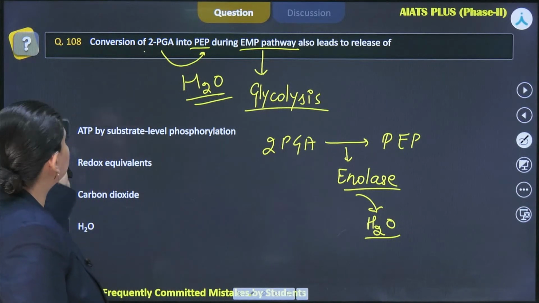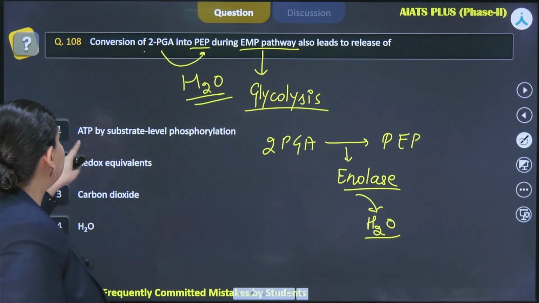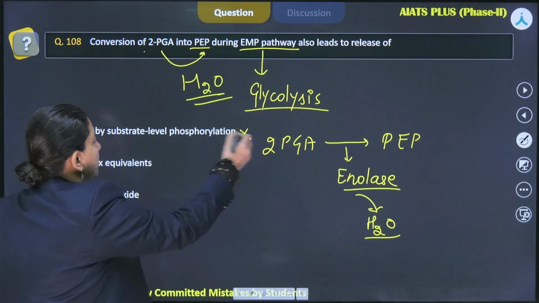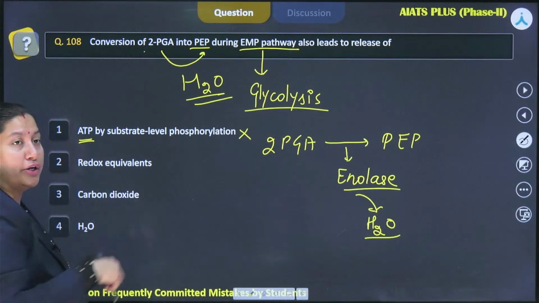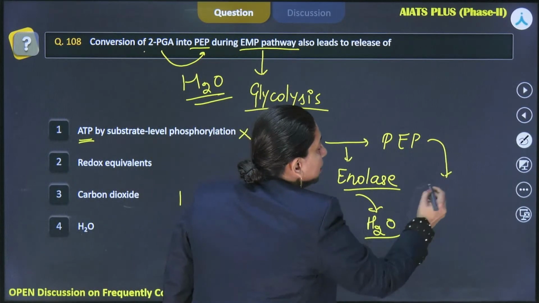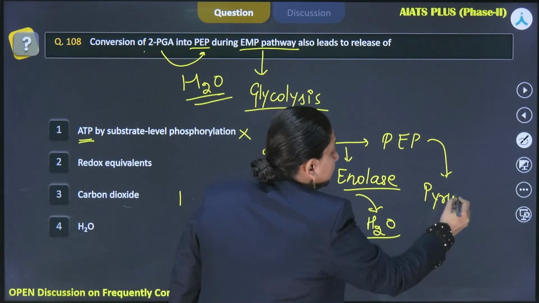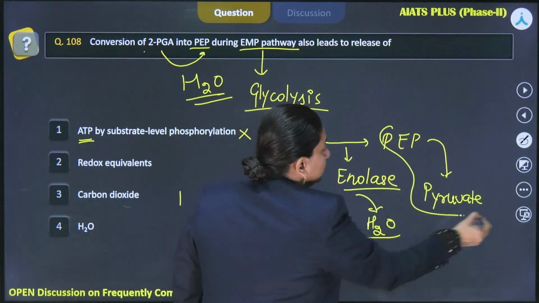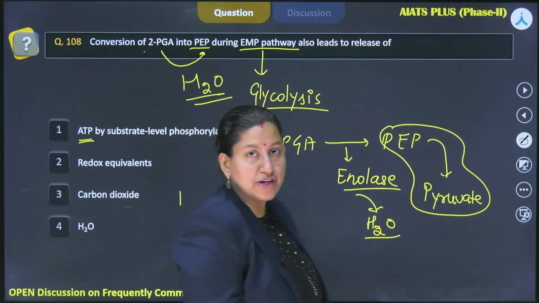So option 1 over here says that it leads to the release of ATP by substrate level phosphorylation. This is incorrect. ATP release is going to take place when PEP further gets converted to pyruvate, right? And we call this particular reaction a substrate level phosphorylation reaction. Why?